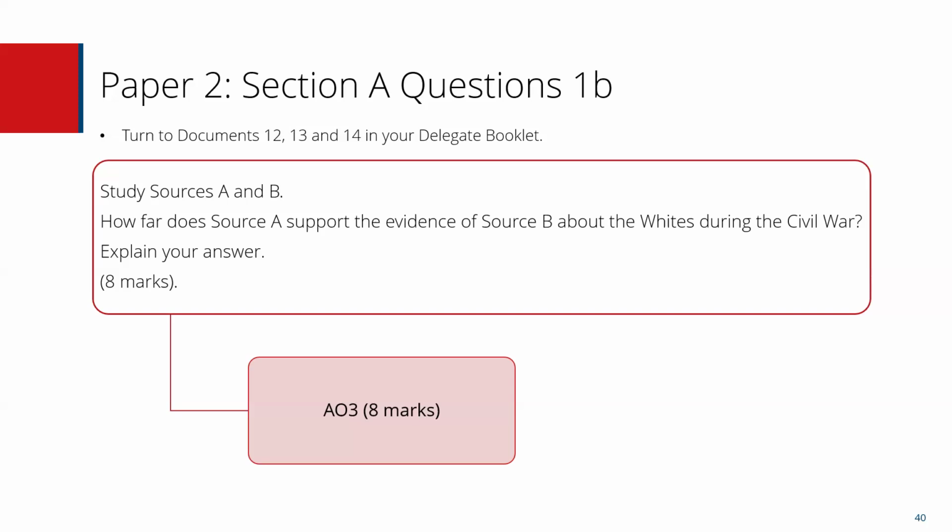They've got to do that to get the level 3. It could also be something that the other source doesn't mention, which could get them marks as well. But really, when you're considering the extent, you do want to have direct disagreement there.